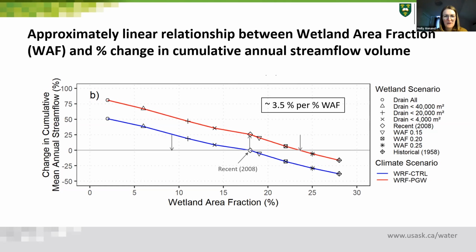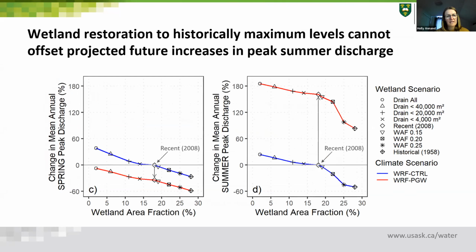So that would sort of be the critical wetland restoration point for Smith Creek. And on the left, drainage past about 9% wetland area fraction remaining under the current climate could induce climate change type changes in streamflow.